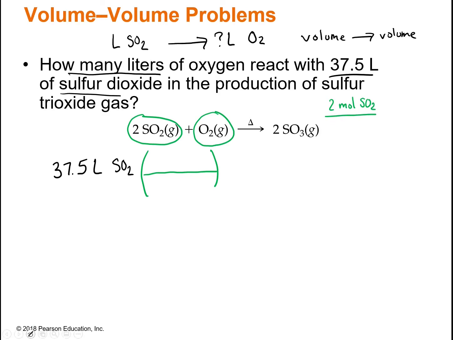See, I'm still writing moles because I'm so used to moles. We've got 2 liters of sulfur dioxide gas for every 1 liter of oxygen gas. And then we can write the reciprocal. The one that we need has sulfur dioxide in the bottom, so we can cancel out those liters and be left with oxygen gas.